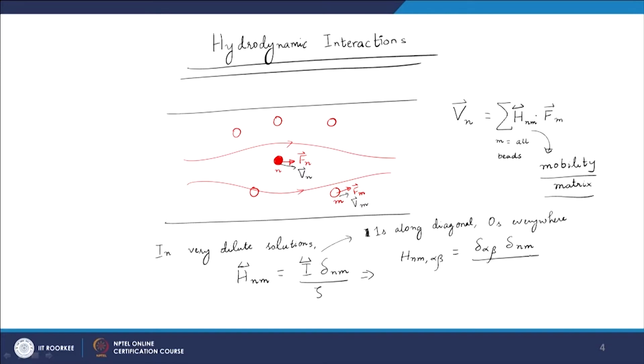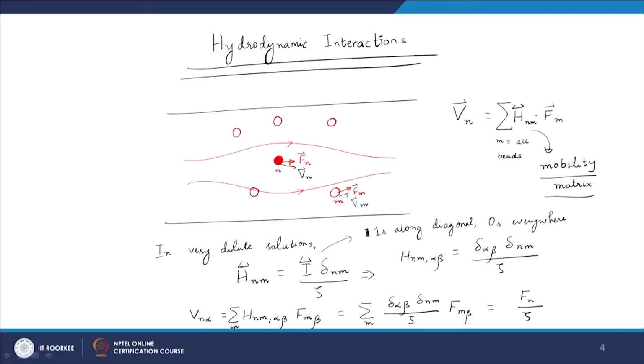multiplied by delta n m by zeta, and therefore we can write V n alpha as H n m alpha beta F m beta, using the relation that we had here, where we are summing over all the values of m, which gives me delta alpha beta delta n m by zeta F m beta, which is only non-zero for n equal to m, that is one thing, and it is only non-zero for alpha equal to beta.